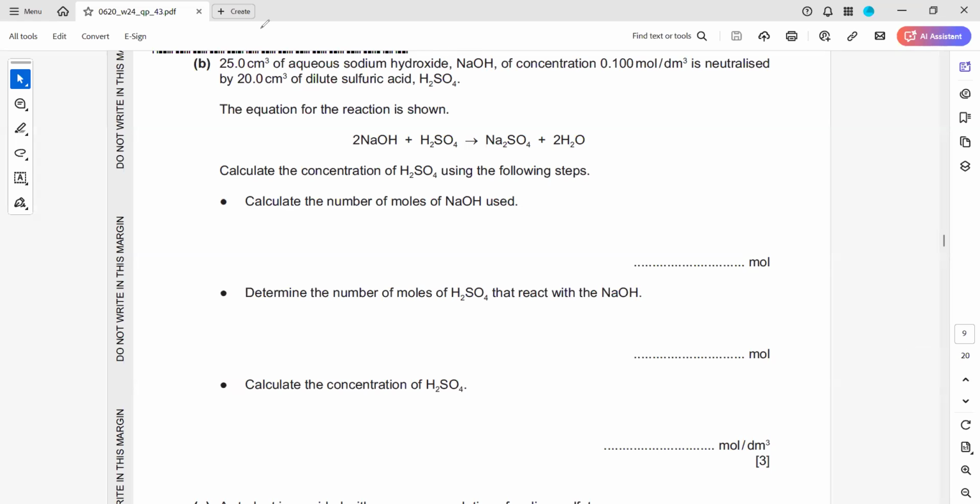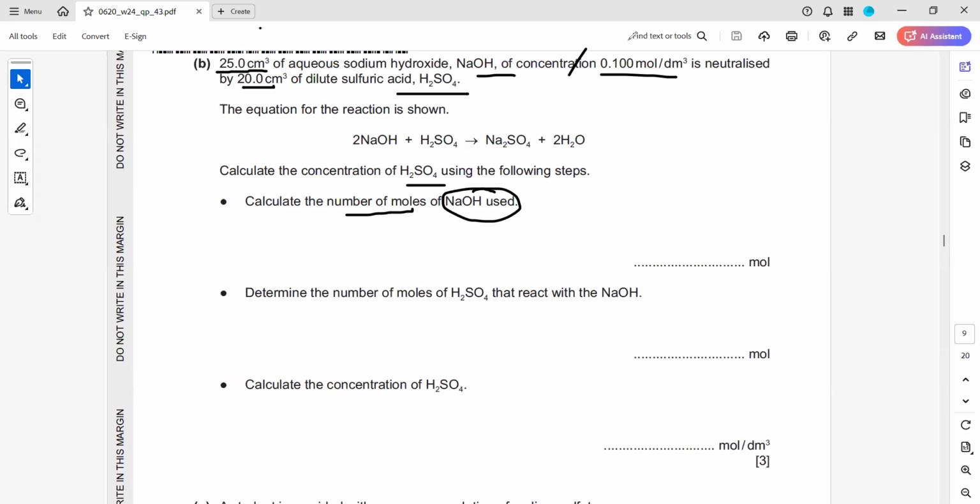Another question. 25 cm cube of sodium hydroxide of concentration 0.1 is neutralized by 20 cm cube of sulfuric acid. Calculate the concentration of sulfuric acid using the steps. First, calculate the number of moles of sodium hydroxide. How to get the moles of sodium hydroxide?